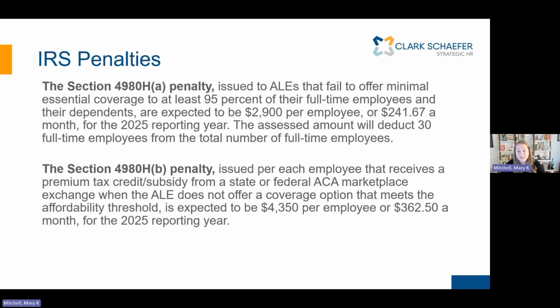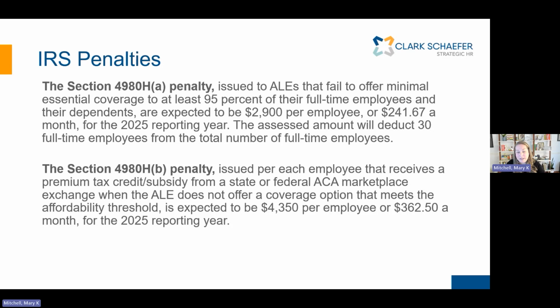The assessed amount will deduct 30 full-time employees from the total number of full-time employees when it's doing the calculation. If you ever run into an issue with this, or honestly either one of the types of penalties, please reach out. We can absolutely assist you when it comes to responding to these ESRPs and seeing if we can either have them eliminated or reduced if it was just a filing error.